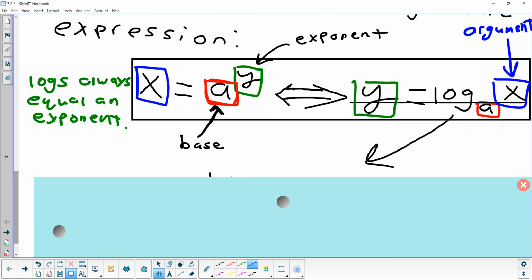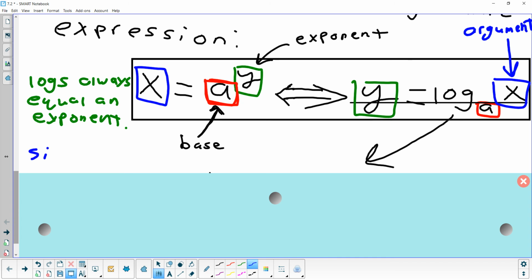So when we dealt with things like sine and cosine, like sine of 10 degrees, we would call 10 degrees the argument. It's the thing that you're taking the sine of. Or if you had square root of 12, you could call 12 the argument. It's the thing you're taking the square root of. Well, x here is the thing I'm going to take the log of.